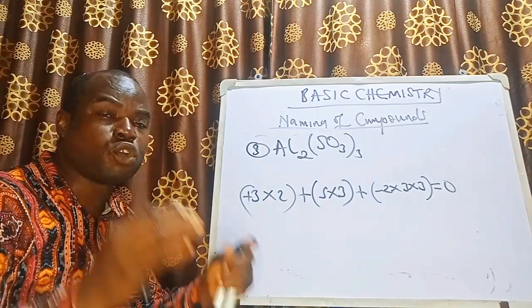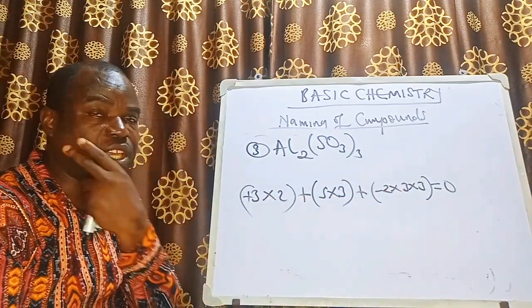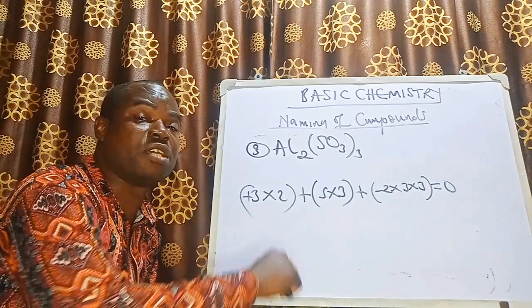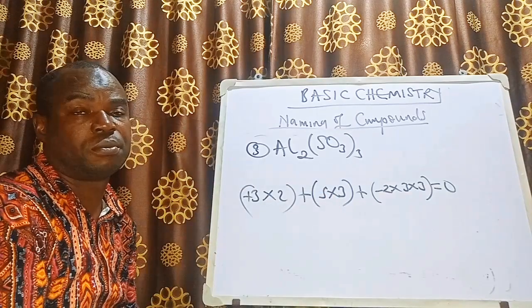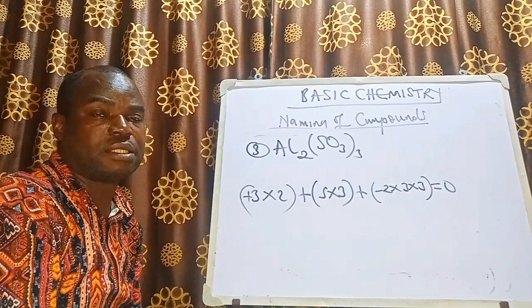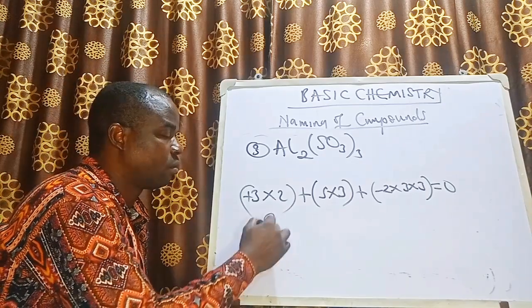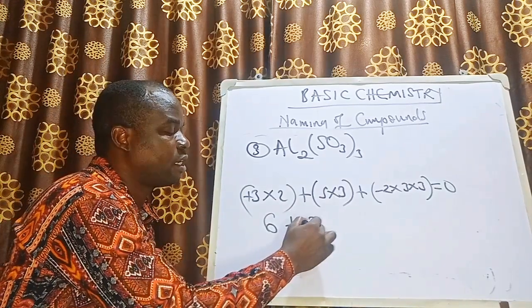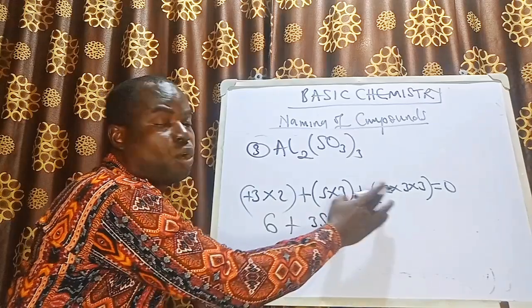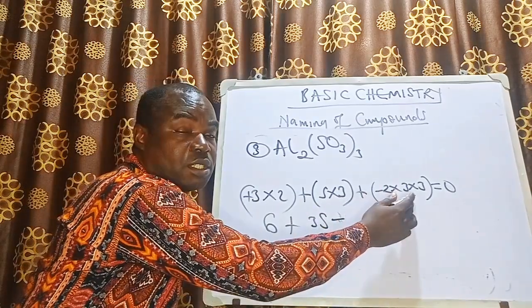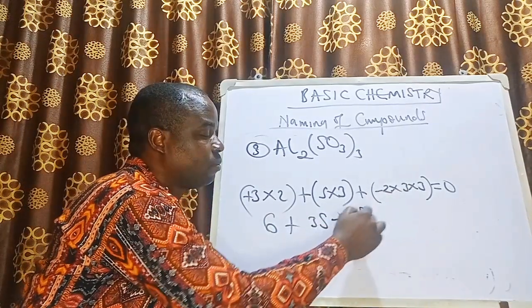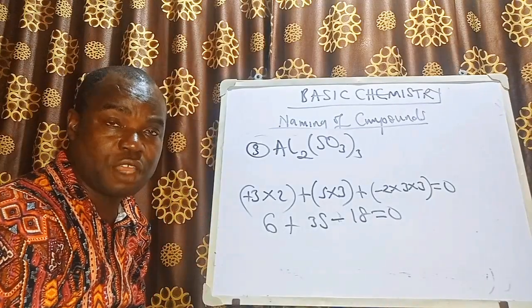Sorry, always make sure you equate to 0. Anything you solve here, you equate it to 0. Now we have 6 plus 3 times s is 3s. Plus minus is what? Minus. 2 times 3 is 6. 6 times 3 is 18. Equal to 0. Are you following now?